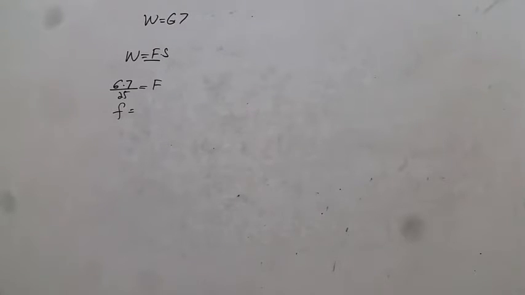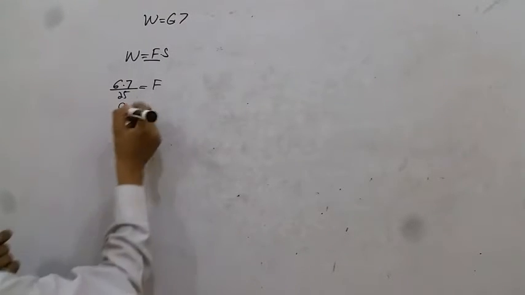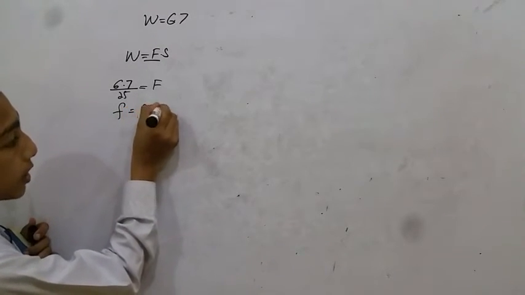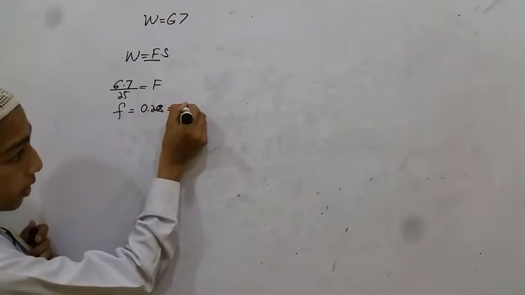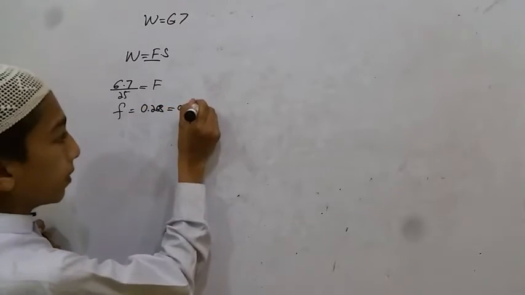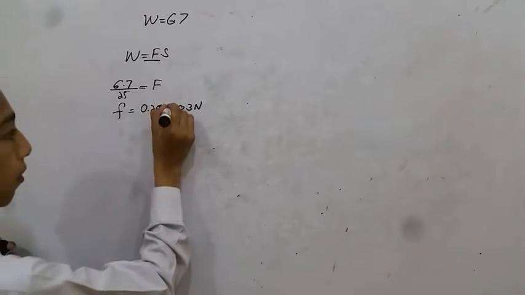So 6.7 divided by 25 is equal to 0.268 and it is approximately equal to 0.3 Newton. This is the force of friction.